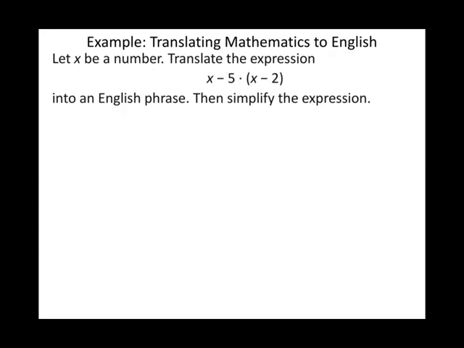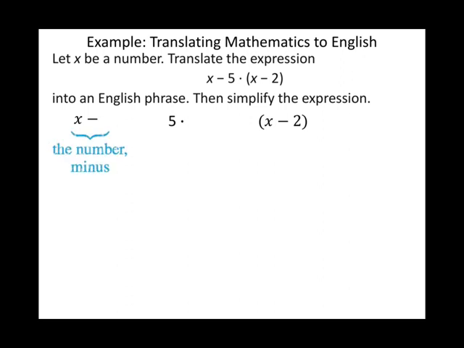This example is translating mathematics to English. So now we're going to do it the other way around. Let x be a number. I want you guys to translate the mathematics into English. Again, I'm going to put it like this: x minus 5 times parenthesis x minus 2.